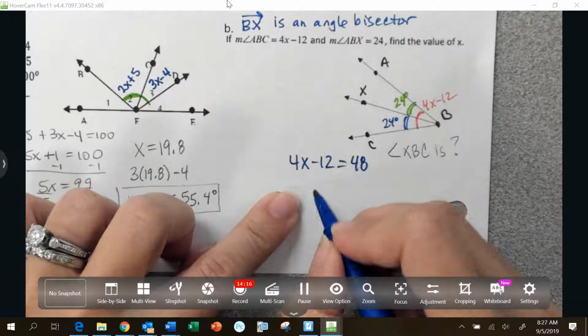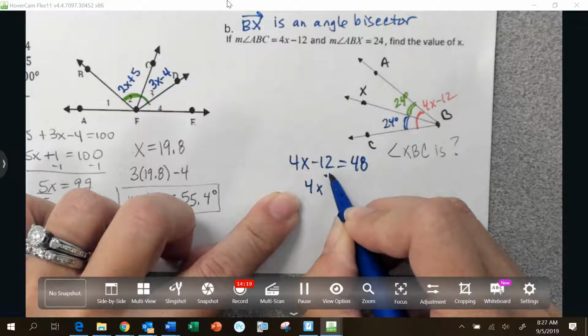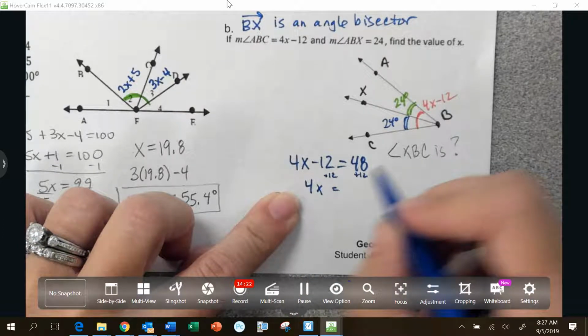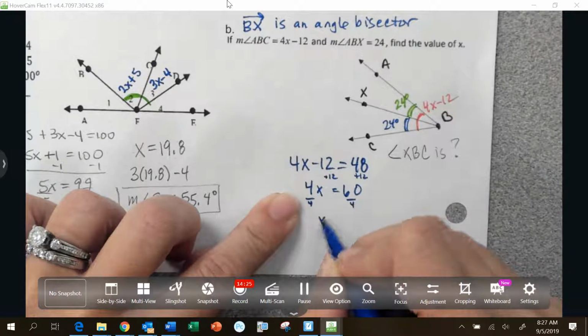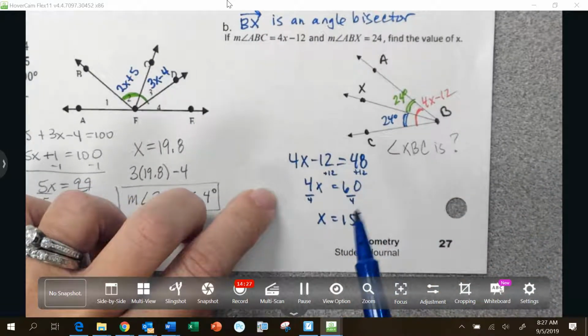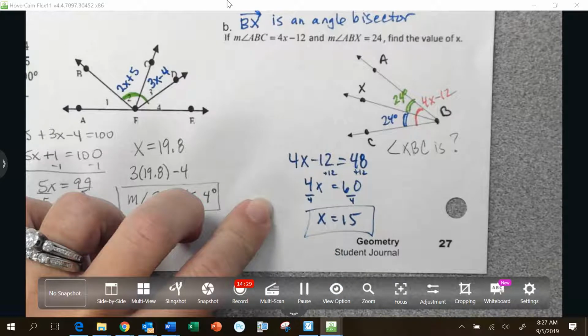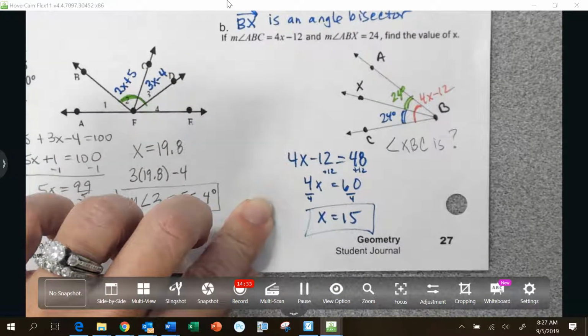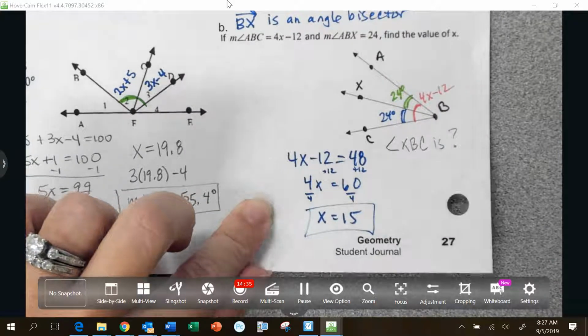So now we can add 12. 60. And get 15. And all it asks for is, what is x? X would be 15. Note to self, this has a typo on it. That was a good discussion, though.